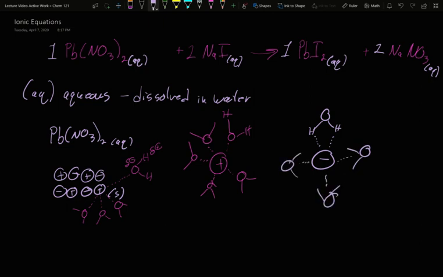The net result is, we use the little dashes to show attractions, that those ions get solvated, wrapped in water. They get pulled apart from each other. They actually aren't associated anymore. Once you have an aqueous compound, it's not really how we think of ionics anymore. So lead nitrate aqueous is very different than lead nitrate solid. This leads to some different behaviors.